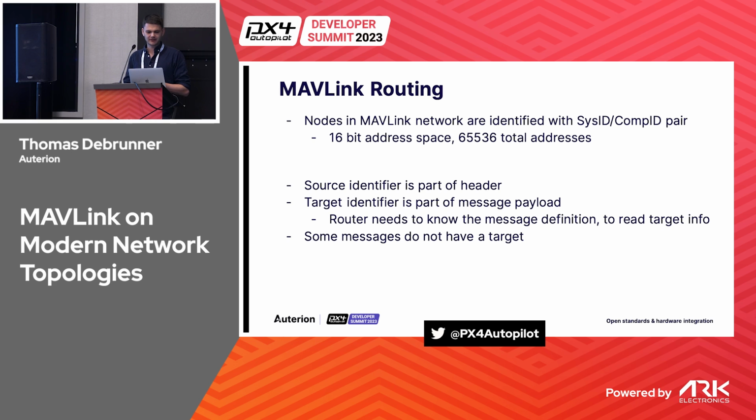Now, a bit weird in MAVLink is that the source identifier, so the system ID and the component ID that denote the origin of a packet, where a packet came from, is actually part of the MAVLink header. So if you can just parse the header, you know where the packet came from. Interestingly enough, the target where the packet should go to is actually part of the message payload. So you can only ever figure out where a packet has to go when you can actually decode the message payload.